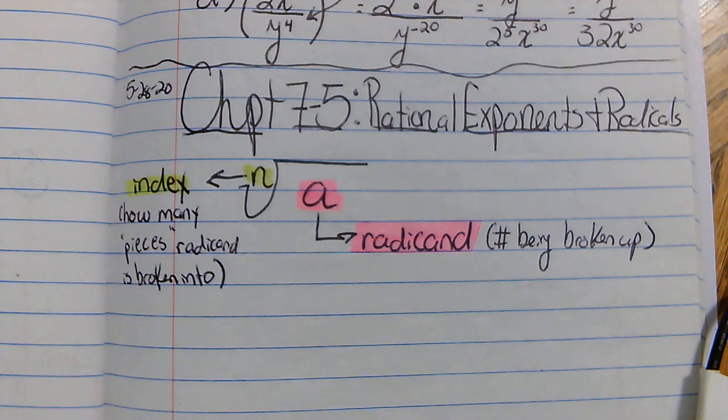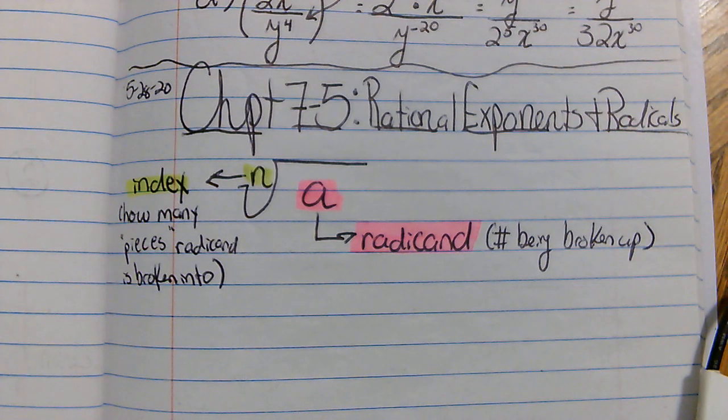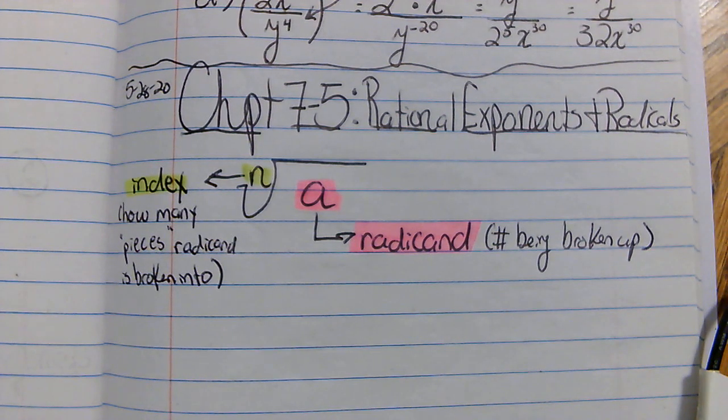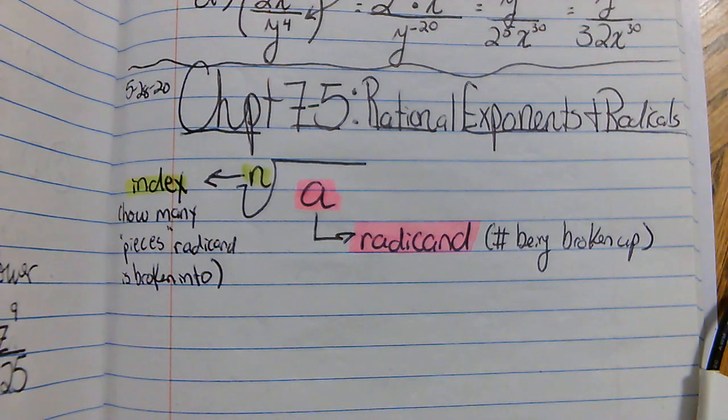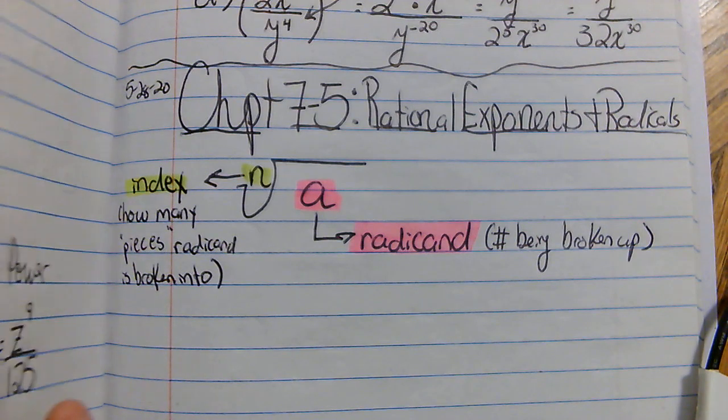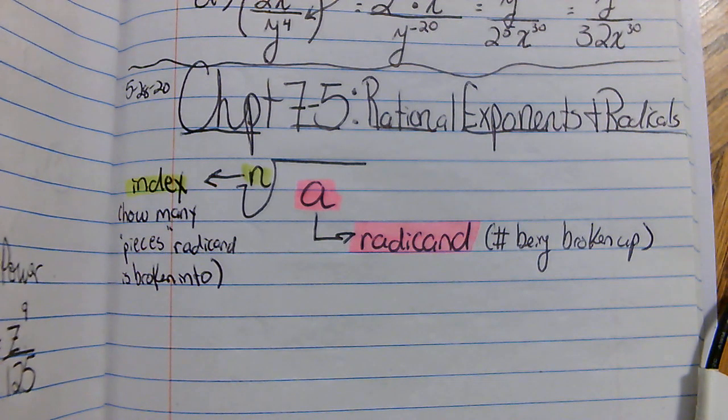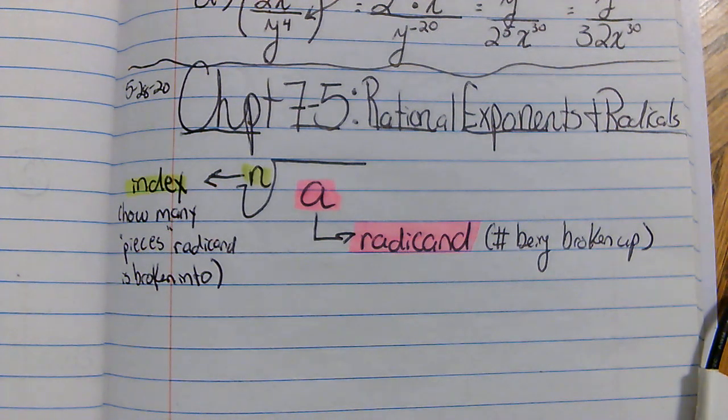There we go. Now before we actually get into any of these, I just want to remind us of something real quick, because I did talk about it back in, which section was it? I think it was the very first section that we did. We talked a little bit about rational exponents, but very, very briefly.